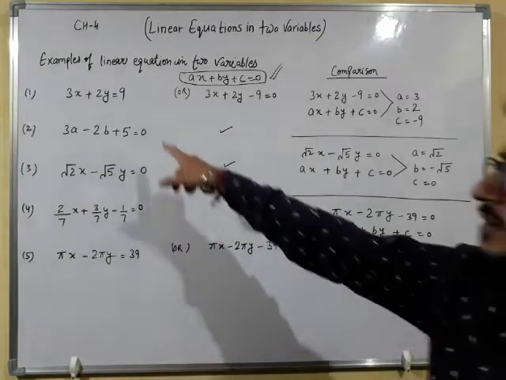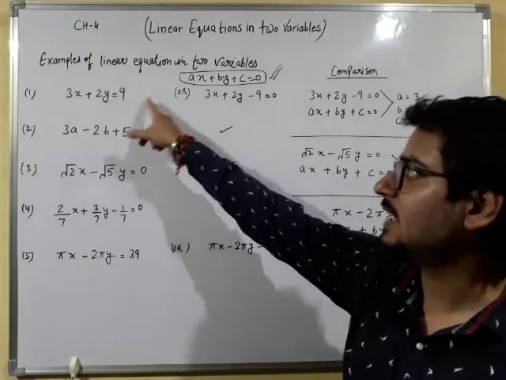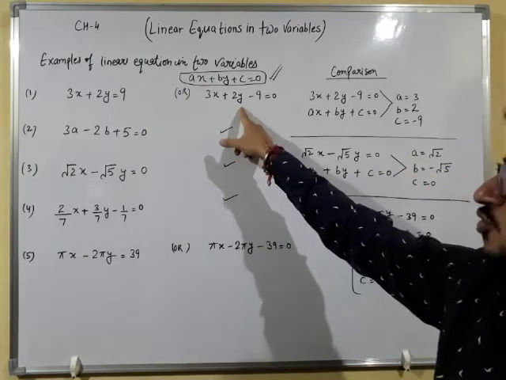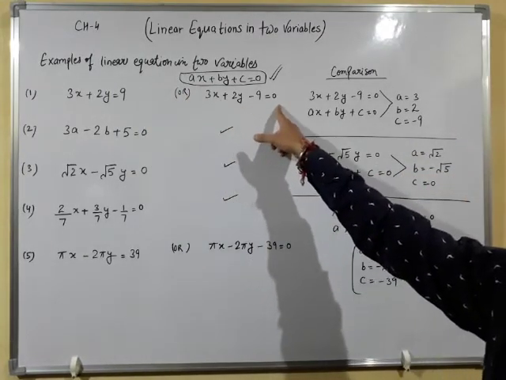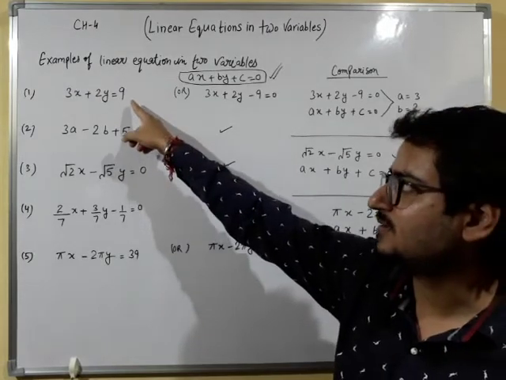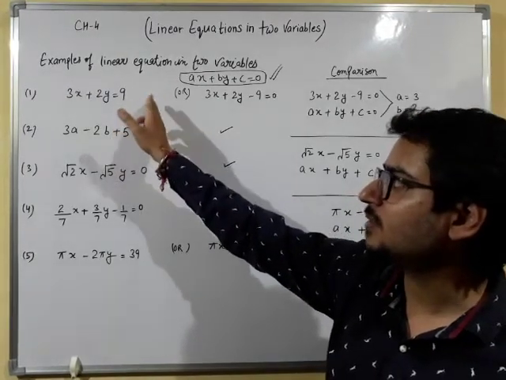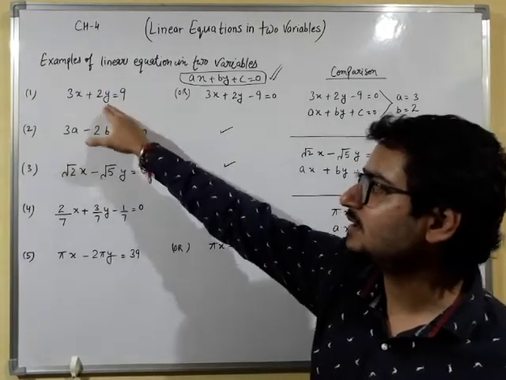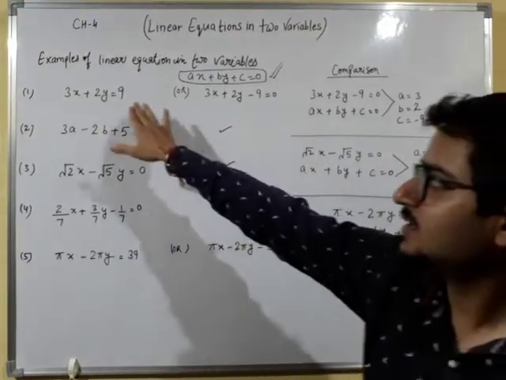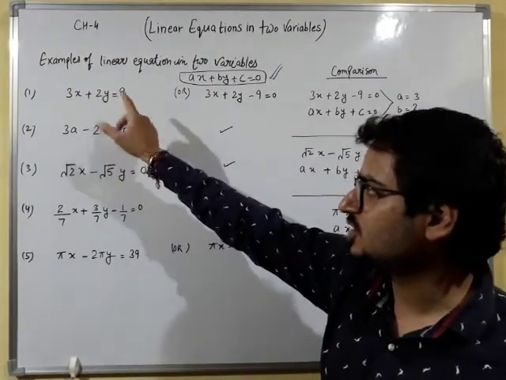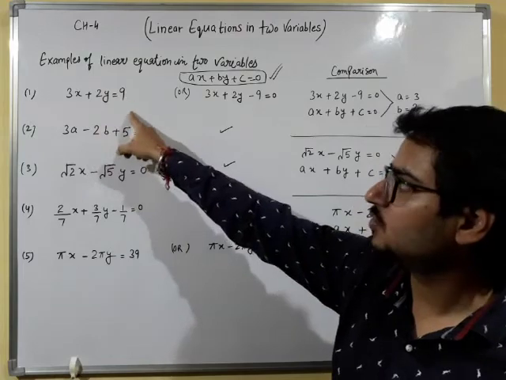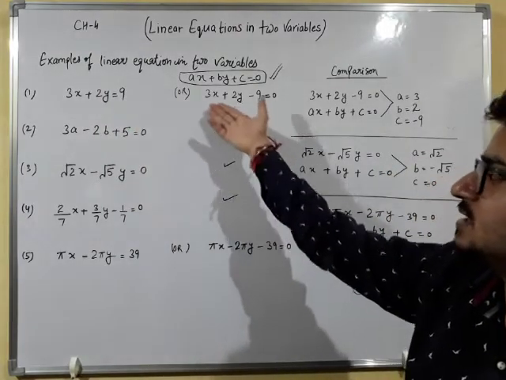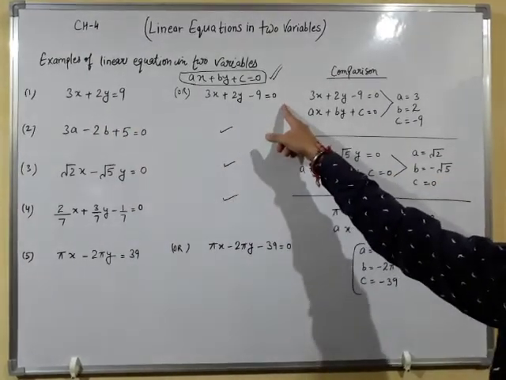How? This can be written as 3x plus 2y minus 9 is equal to 0. We have transposed plus 9 from the right hand side to the left hand side. So nothing is left after transposition on the right hand side, so we have written 0. So 3x plus 2y minus 9 is equal to 0.